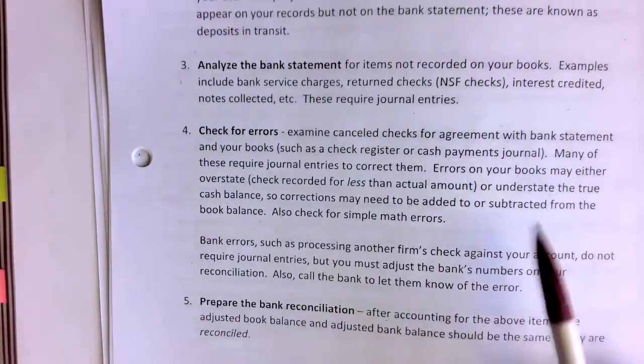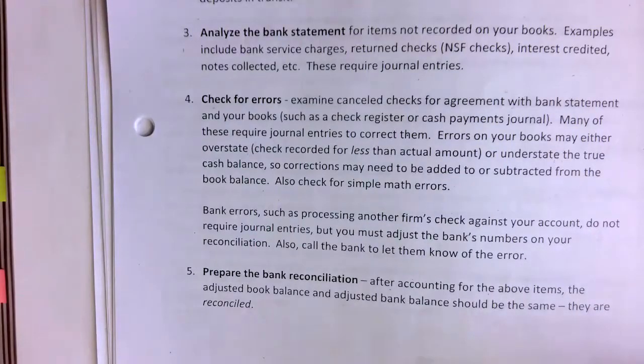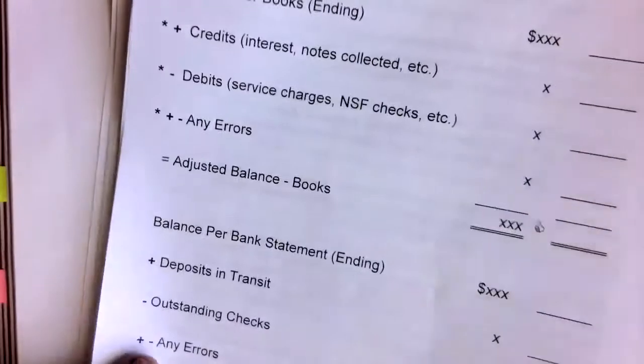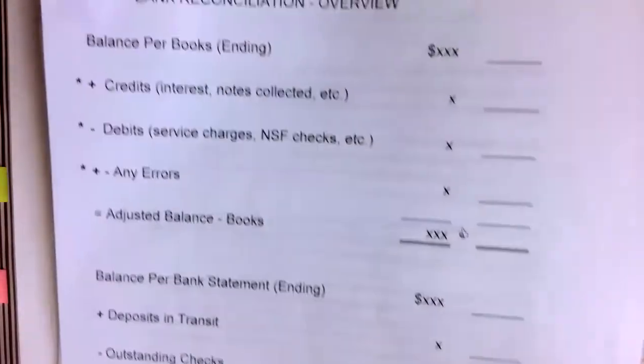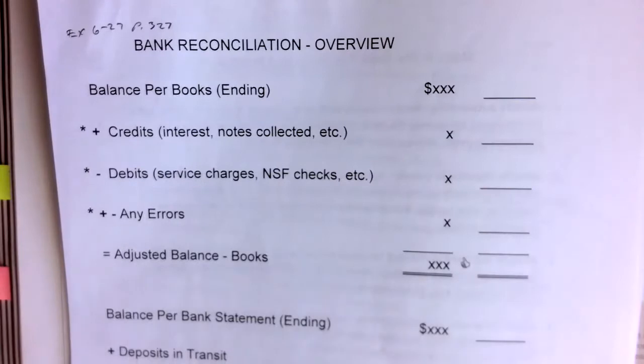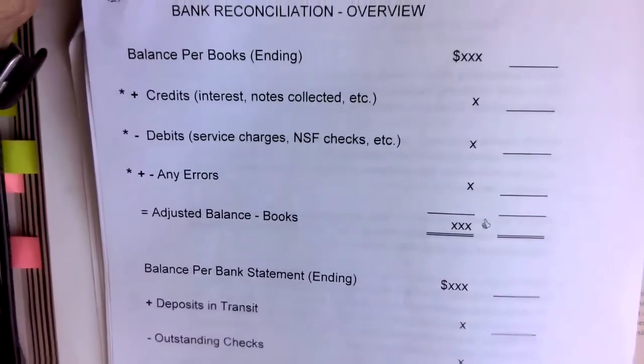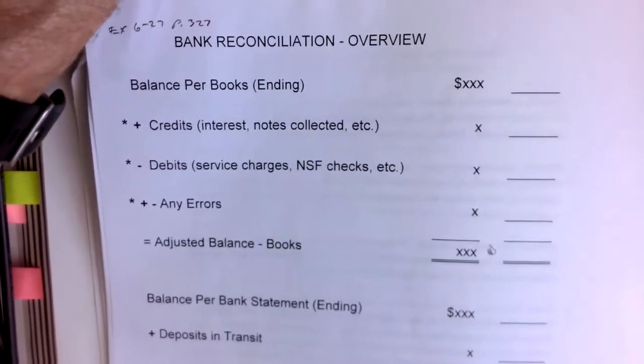And then, prepare the reconciliation. So let's take a look at the form. I call this Brecht's patented method of bank reconciliation. Now the form that I gave you, a couple of things here. I'll zoom out a little bit so we can see more of it.